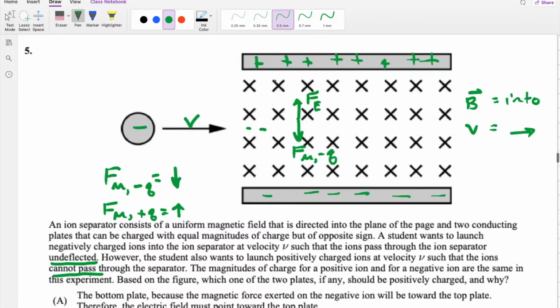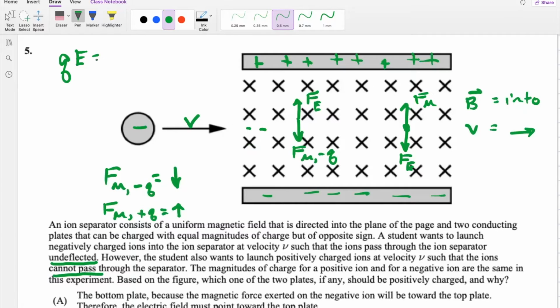Okay, well, what happens when we do this with a positive charge? Well, for a positive charge, the magnetic force is going to be up. And for the electric force, therefore, we are going to need a downward direction. So in this case, they should both balance out. QvB equals QE.